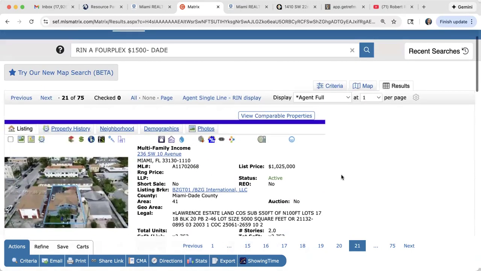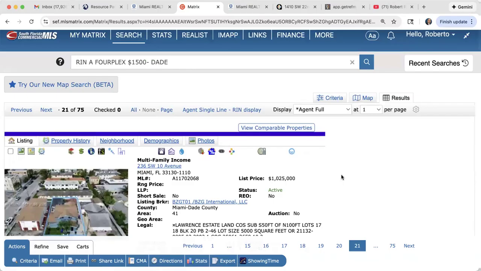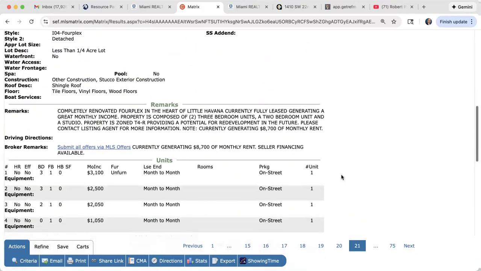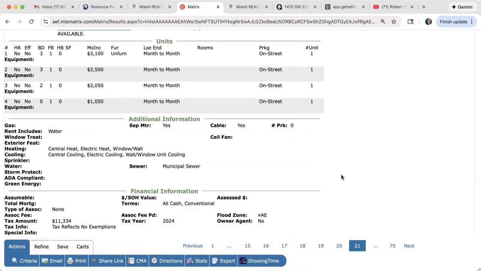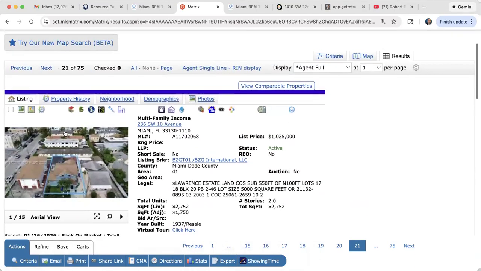Divide that by your purchase price of $1,025,000, you're looking at 10% returns on the gross. Go ahead and add the expenses. So maybe you have to pay electricity. Look, rent includes water. I'm just going to do this one to close out the class.